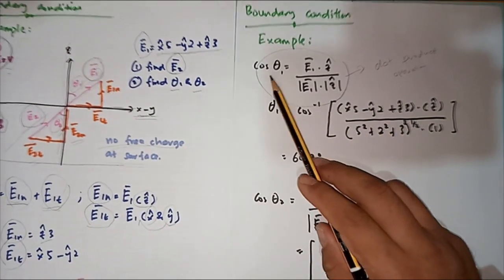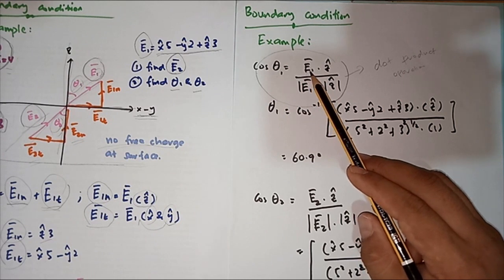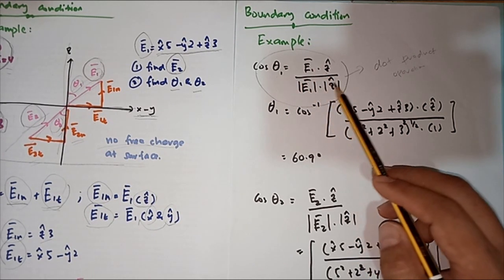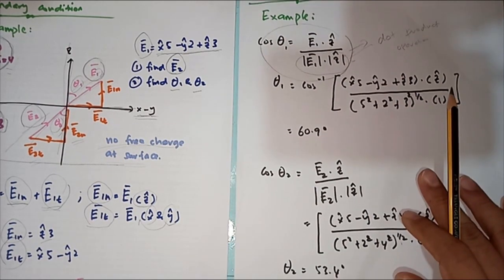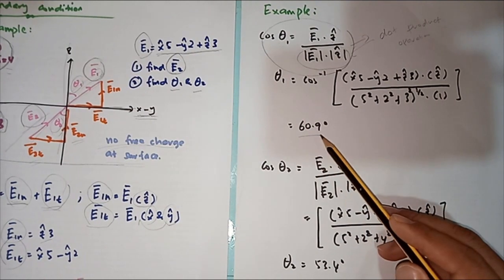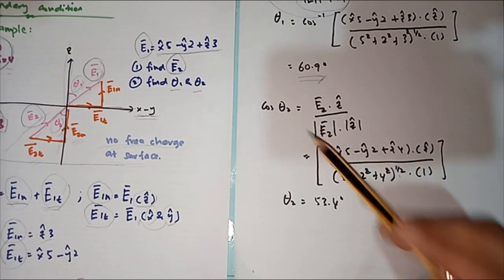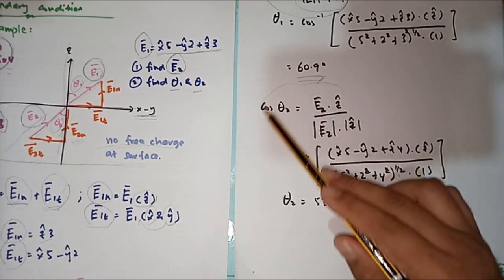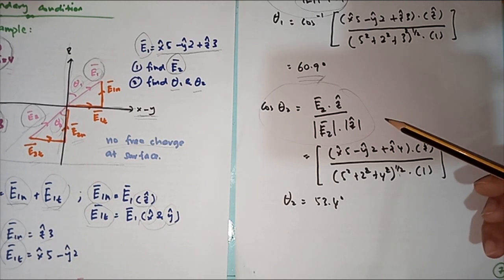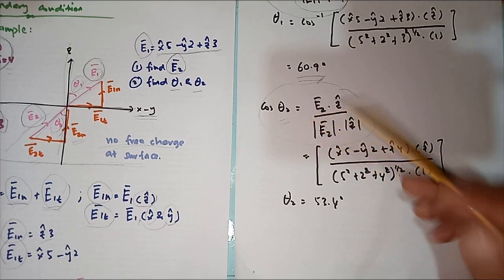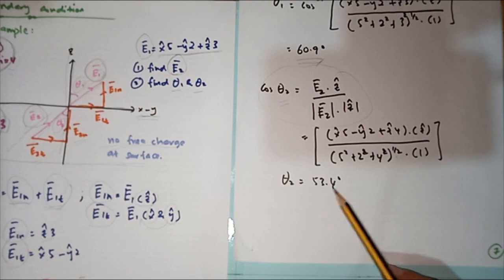So cos theta 1 is equal to the dot product between the vector of E1 and z cap, divided by its amplitude. By solving this operation, we have the theta 1 value equal to 60.9 degrees. Same goes for theta 2. We are using almost a similar formula, but with different components. By solving this equation, we have the value for theta 2 equal to 53.4 degrees.